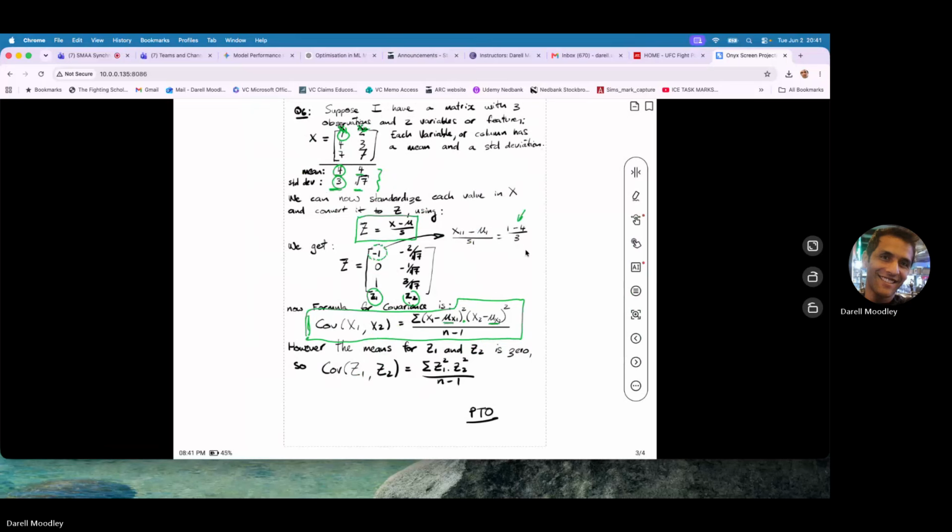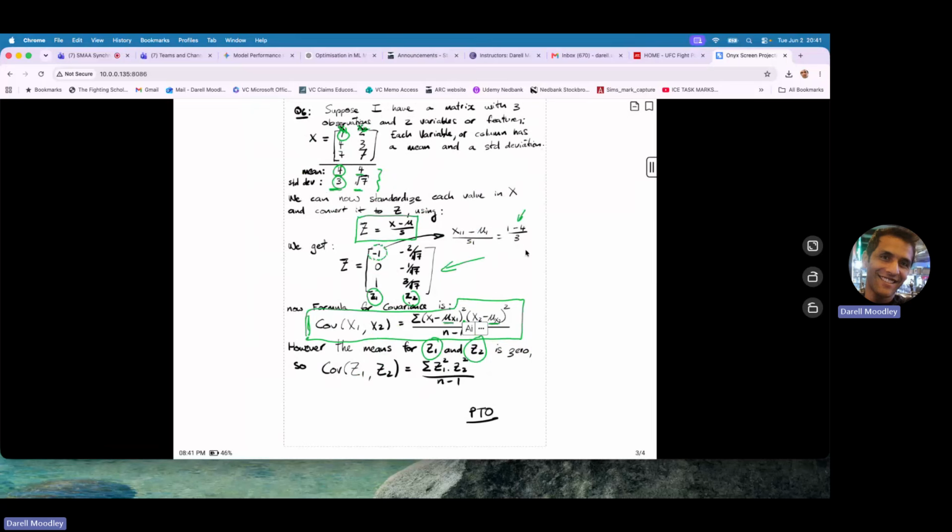But things have been simplified for you, because if you've already standardized your x values to a z value, you don't need to do the covariance in terms of x1 and x2. You can do it in terms of z1 and z2. And that is handy because, if you remember, when you standardize a variable, it has a 0 mean.